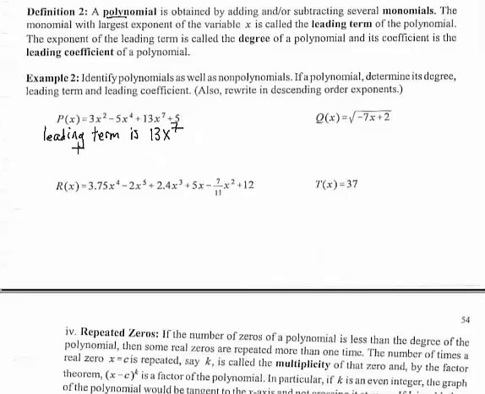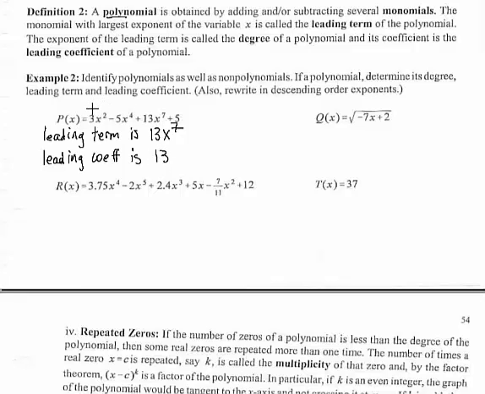What is the leading coefficient? Well, that would just simply be the 13 itself. So the coefficient refers to the number, the factor of the monomial, the number factor.